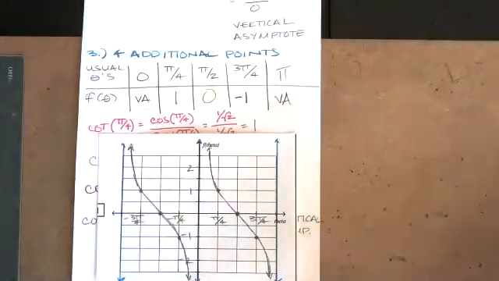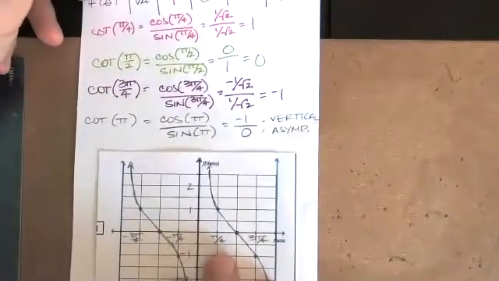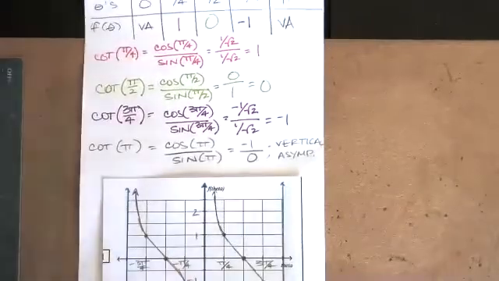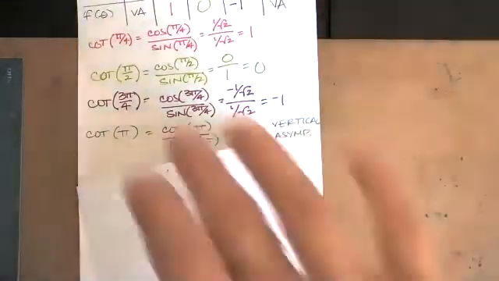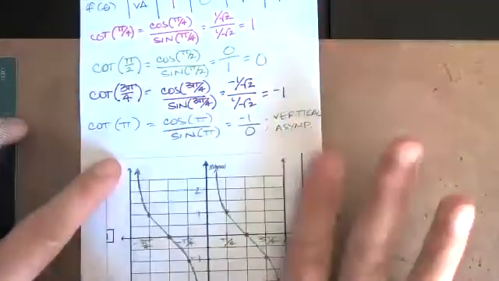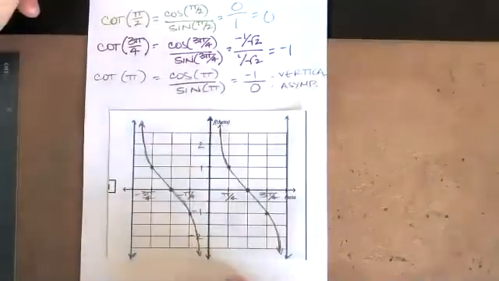And that's the cotangent function. That's the parent function. The domain and the range we still need to do. So I'm going to glue this down really quickly so I stay organized. So that's that part. Questions about the graph?